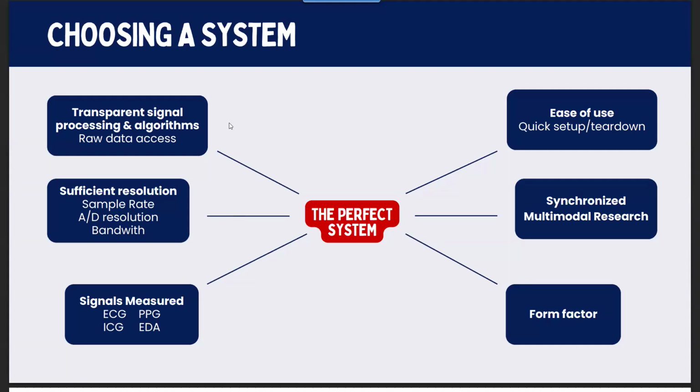So again, when weighing all of these factors, the most important thing is to ground it within your research question and also consider things like your budget, your participants, and your setting of collection. There really is no right or wrong answer. It's just a matter of thinking of all of these factors at play and what will best answer your research question.